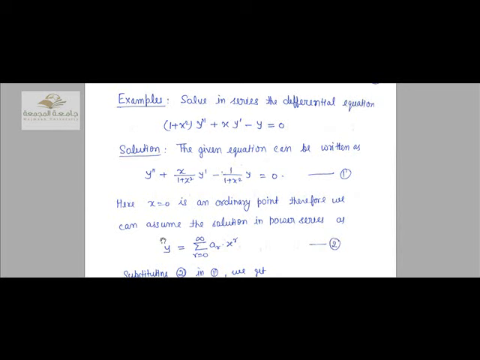Solution: the given equation can be written as y double dash plus x over (1 plus x square) y dash minus 1 over (1 plus x square) y is equal to 0, equation number 1. Here x is equal to 0 is an ordinary point, therefore we can assume the solution in power series as y is equal to summation of r is equal to 0 to infinity a_r x to the power r, equation number 2.